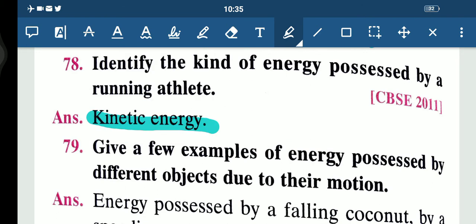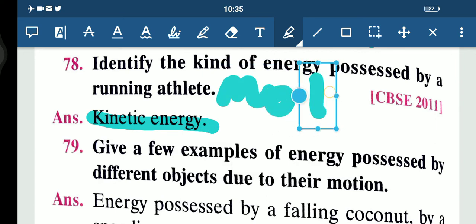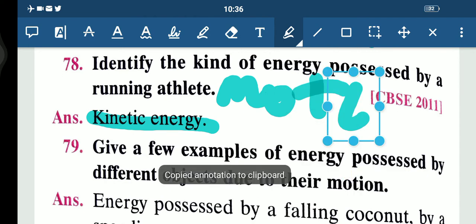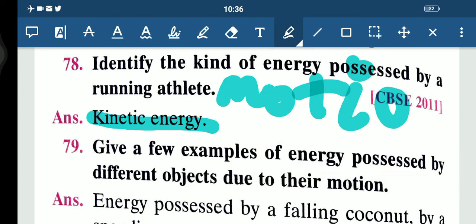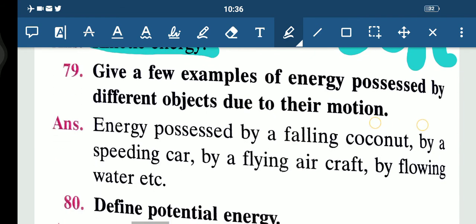Kinetic energy. Always remember this thing, beta, when there is a motion, there will be kinetic energy.